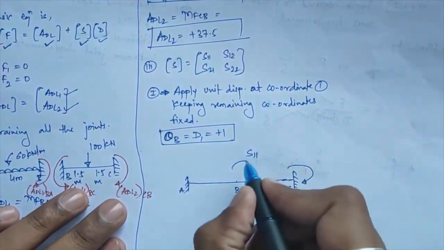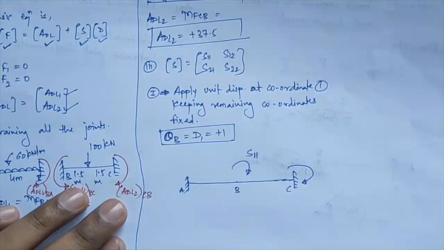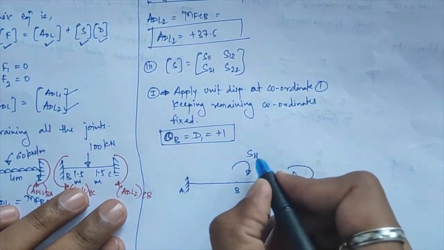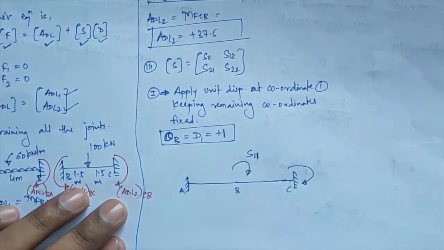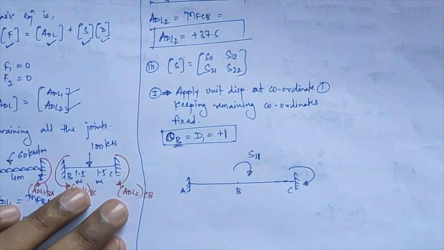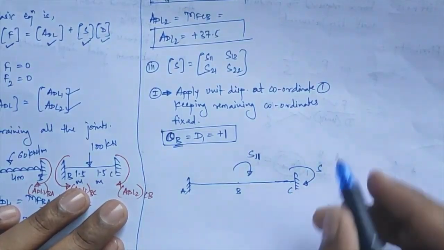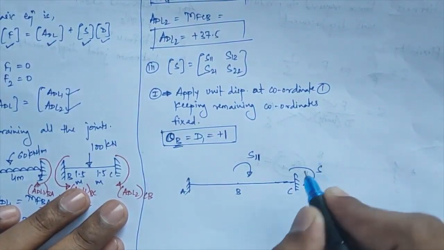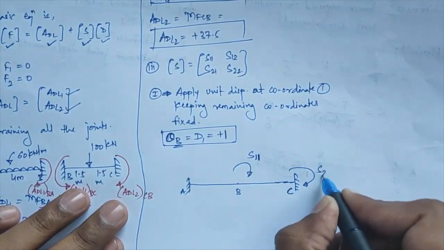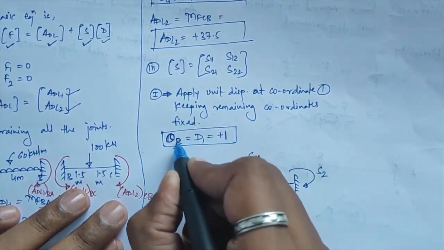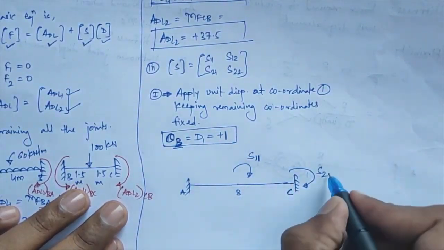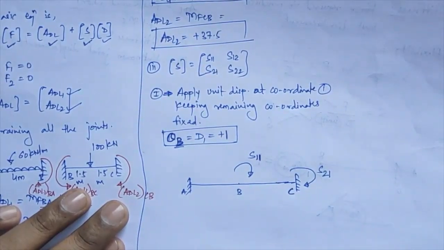Here we'll get this S11, stiffness value at your first coordinate when you are applying unit displacement at your first coordinate point B. Here what you will get? Stiffness value at your C point, that is nothing but your second coordinate when unit displacement is still applied at the first coordinate B over there. That is, this will become S21.